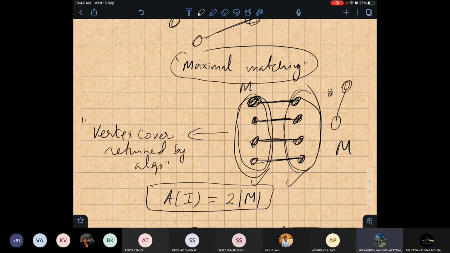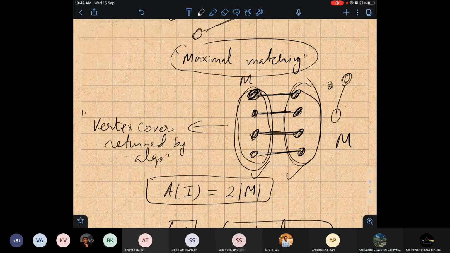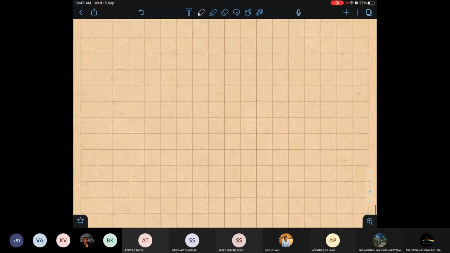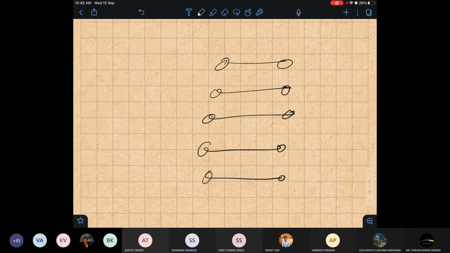Sir, but we only need one node from that. No, one is from there, but this is the algorithm designed by me. If I pick only one node from each edge, I cannot ensure that this will be a vertex cover. Good question. Suppose I pick one node from each side.